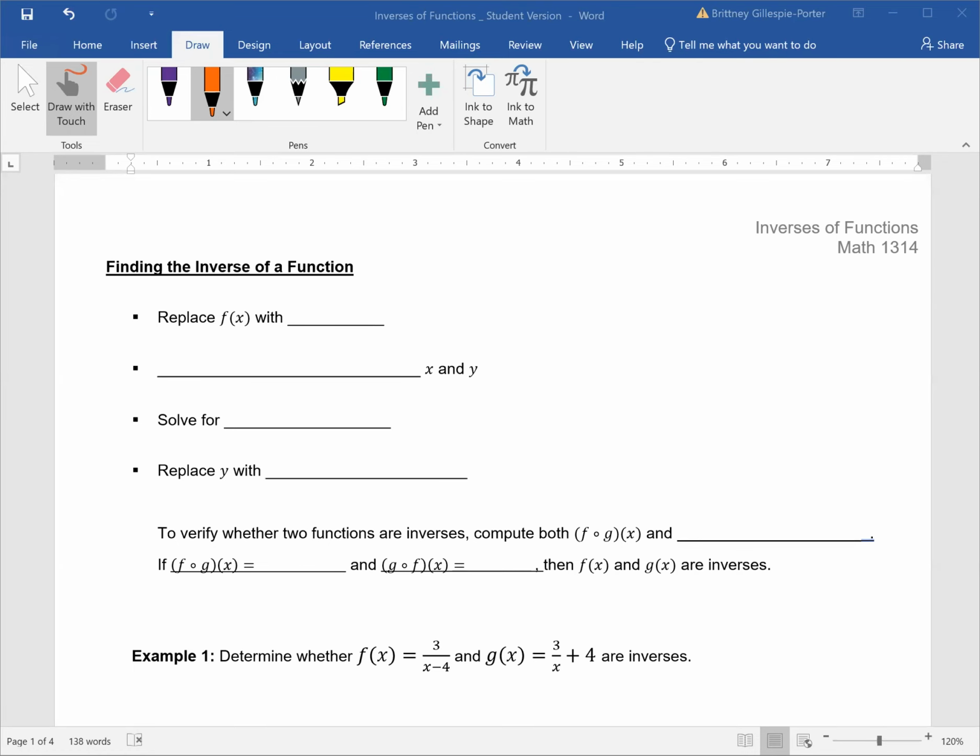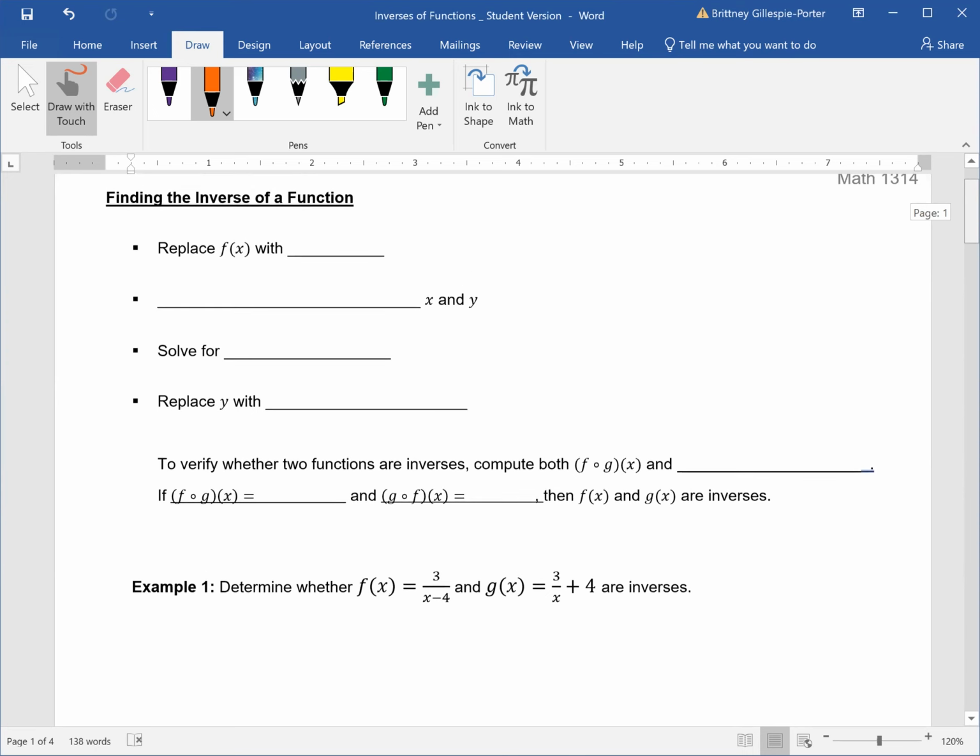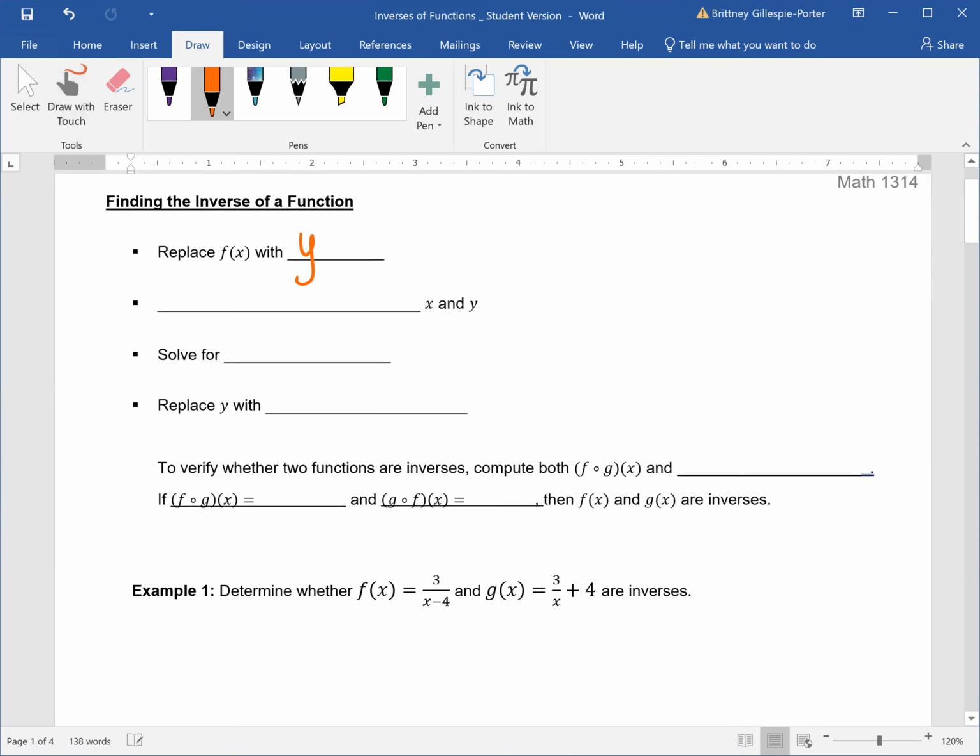Let's talk about how to find an inverse of a function. We're going to do so algebraically this time. So our first step is to replace f of x with y. After you replace f of x with y, you're going to switch.